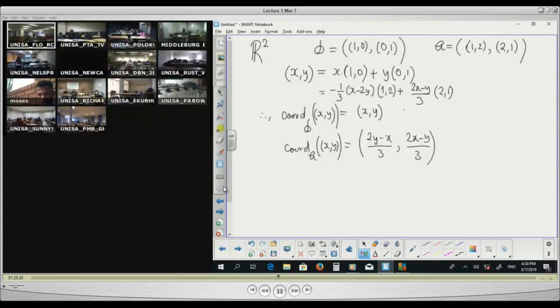Okay? So this is nothing new. You see, when we started our coordinate geometry, this is what your usual axes look like, right?